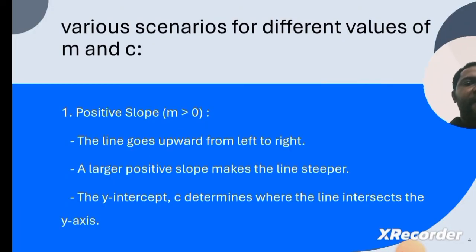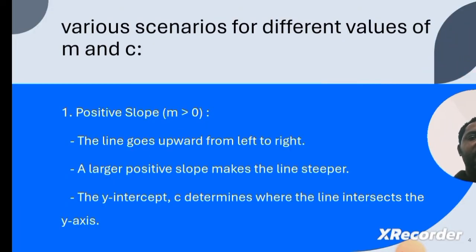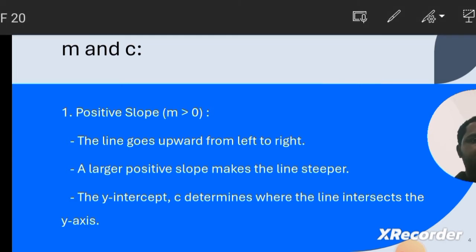Here we have different scenarios for different values of m and c. Number one is positive slope. The line goes upwards from left to right.